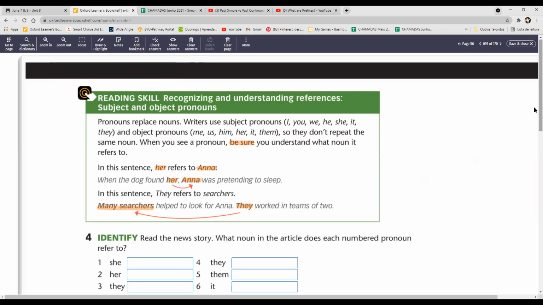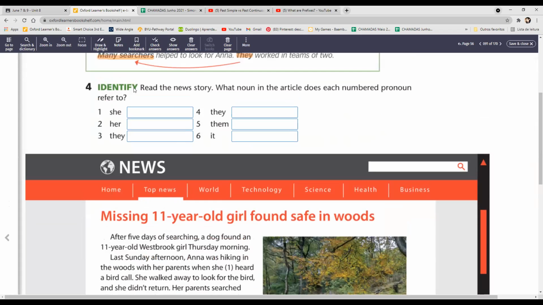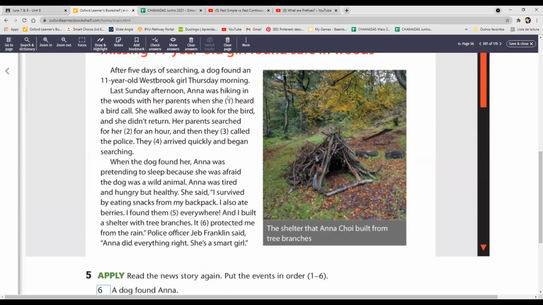Okay, now let's take a look at the text here and identify. Read the news story. What noun in the article does each numbered pronoun refer to? So here we have the numbered pronouns right here. And here, if you see the text, there are some numbers, okay? Just to help you out, I will highlight the numbers.